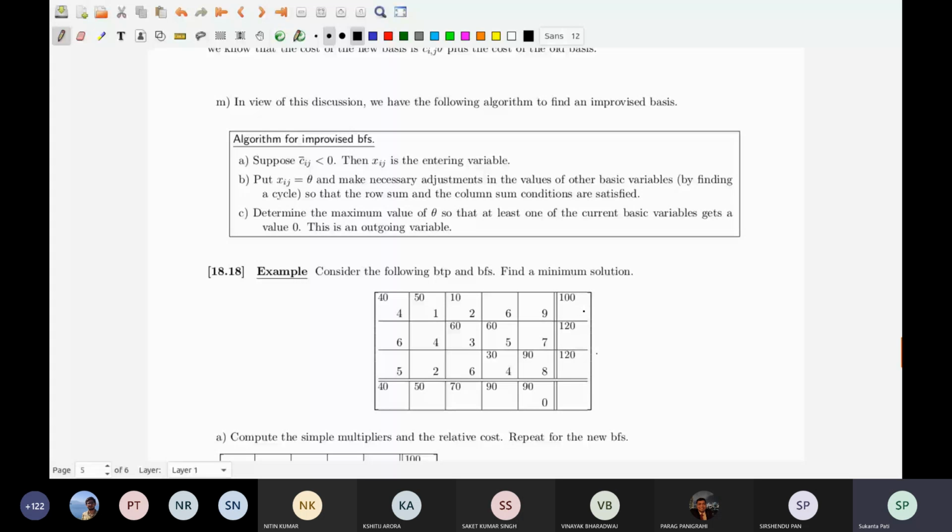Let me simply write over here U1, U2, U3, then V1, V2, V3, V4, V5, with U1 equal to 0. And these are the basic squares. So because of the basic squares, as you are used to, this will be 8. Because this is 8, this is 4, this is -4.